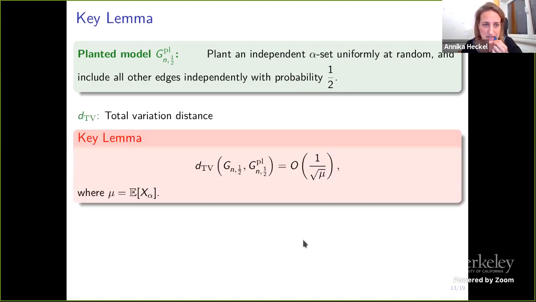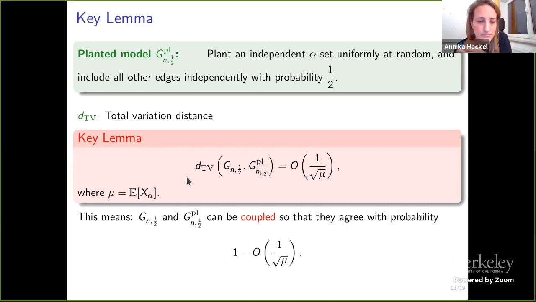The key lemma is that the total variation distance between the planted model and the normal G(n,1/2) is of order 1/√μ, where μ is the expected number of alpha sets. This means we can couple G(n,1/2) and the planted model so that they agree with quite high probability, probability 1 minus this bound on the total variation distance.